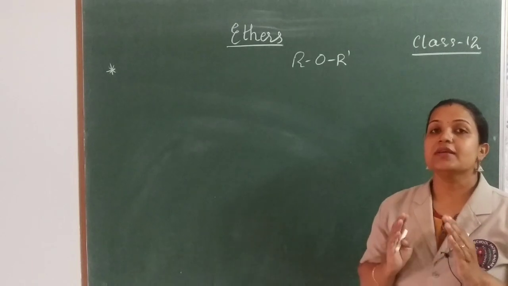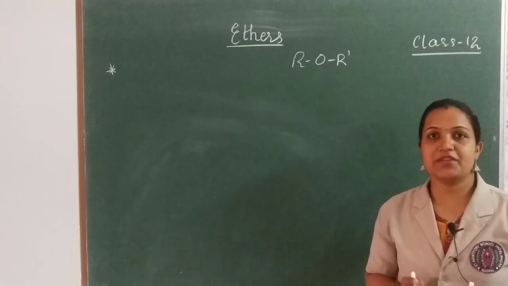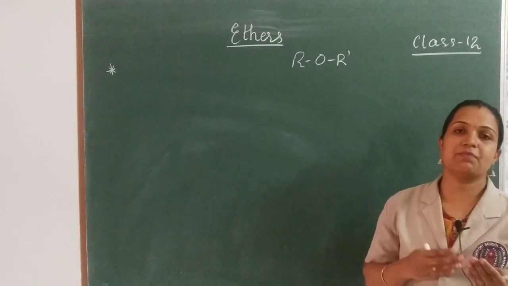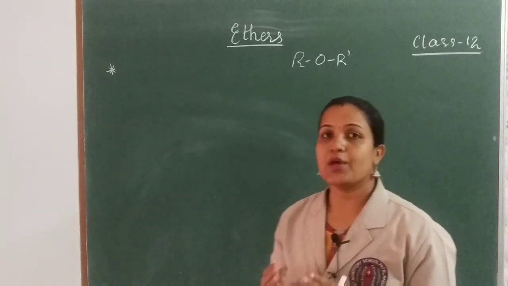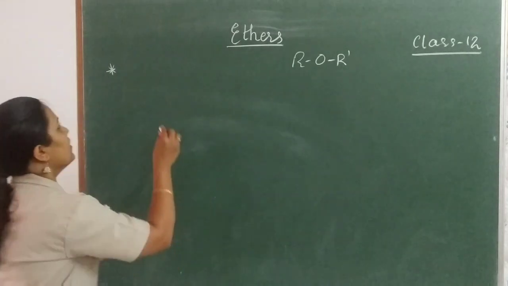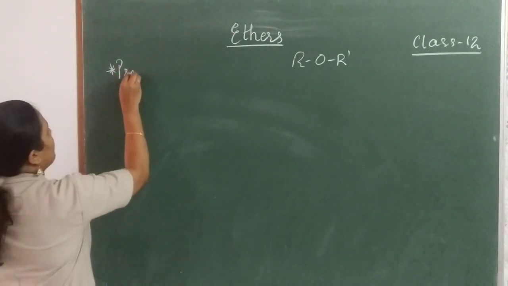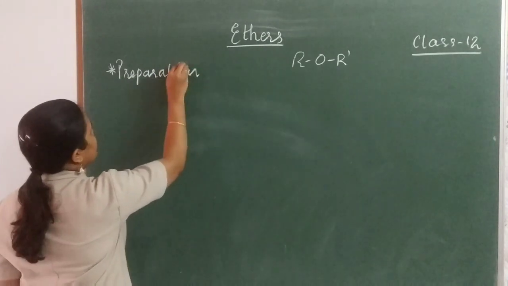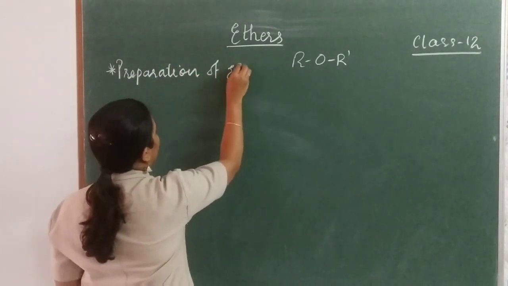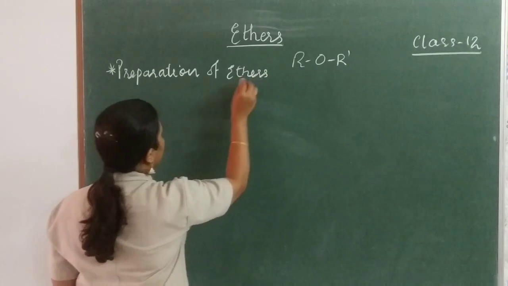We know that there are symmetrical as well as unsymmetrical ethers, which we can say are simple or mixed ethers. In today's class we will be studying the preparation of ethers, how ethers are prepared.